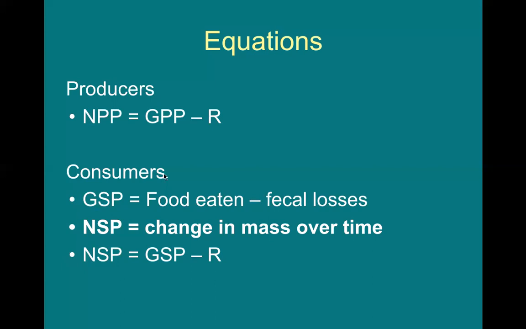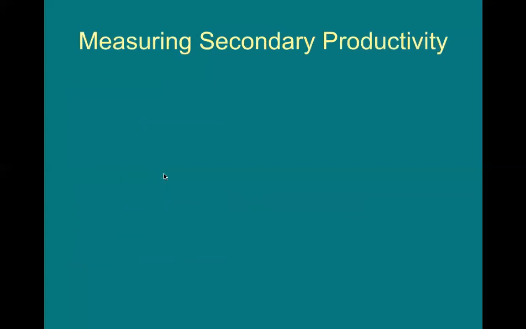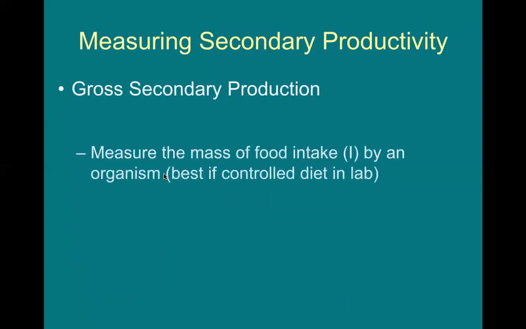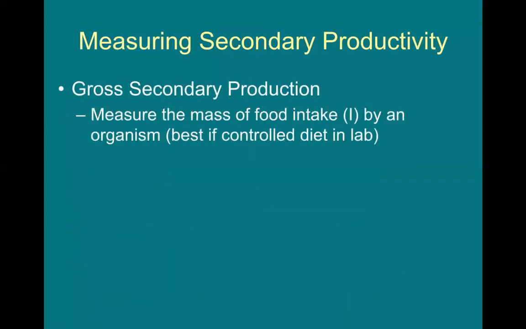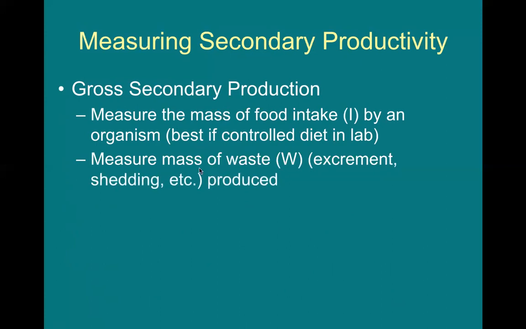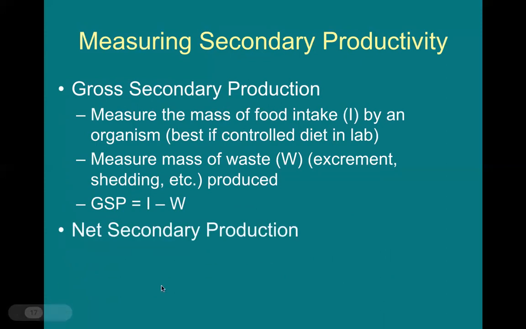We probably won't go past this in class, but I'm just going to carry on for this video. Some details about measuring: ideally, you'd want to control this in a lab, so you can really control the food intake by an organism, and then measure the waste of the organism as well to get your totals, where the gross secondary productivity is equal to the intake minus the waste.